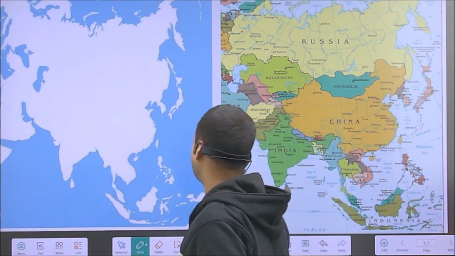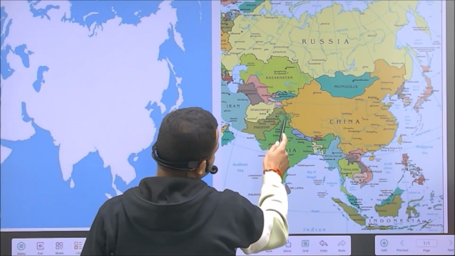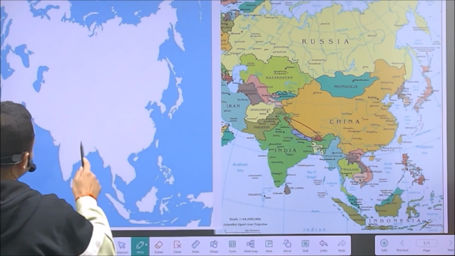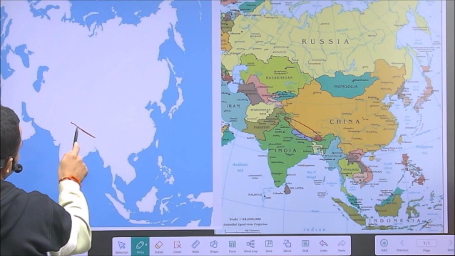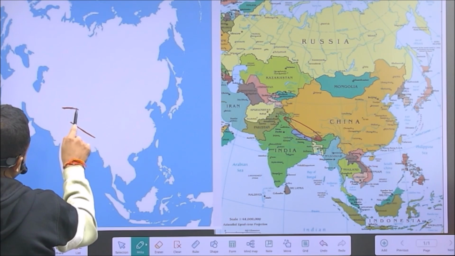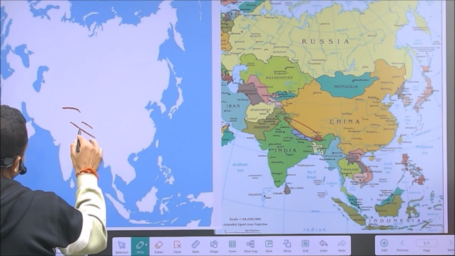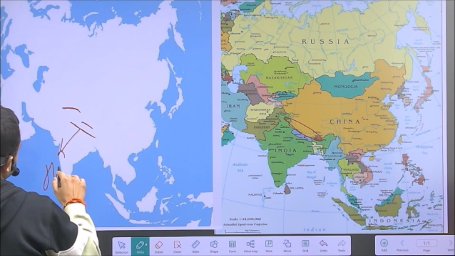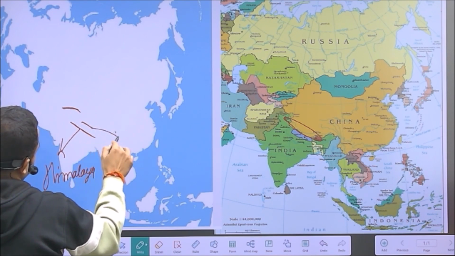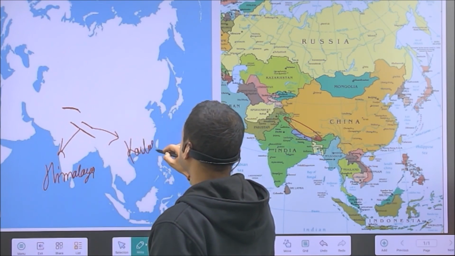So, first of all, here you can see Himalaya. Here you can see Karakoram range, and this is Kailash range, which is part of the Himalaya.